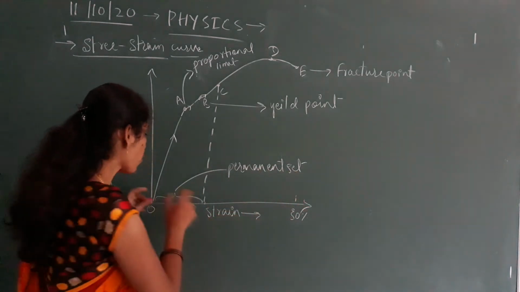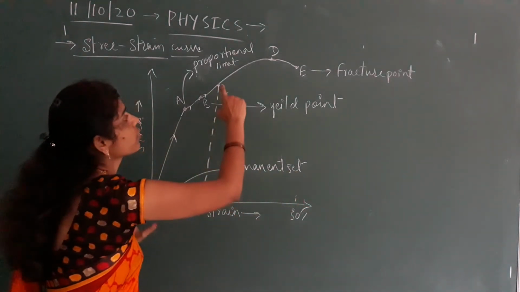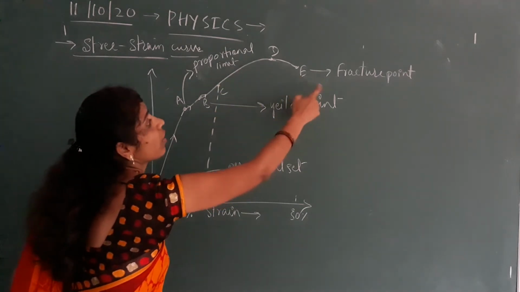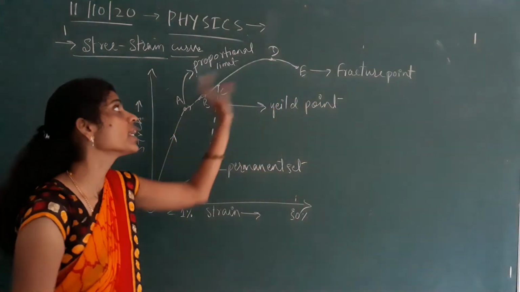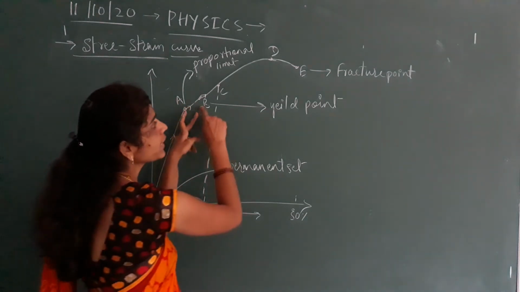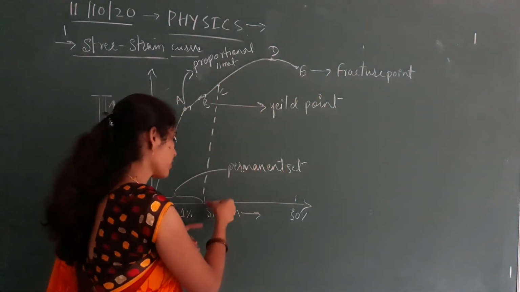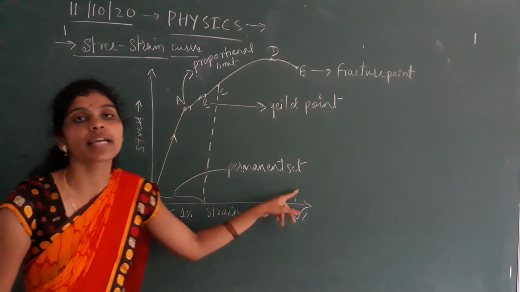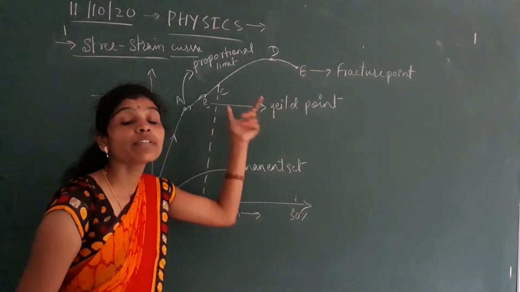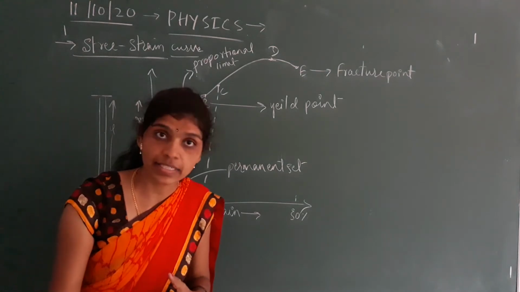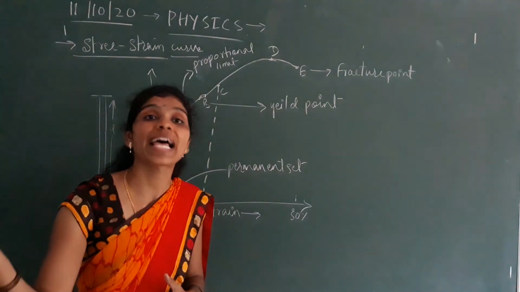Why do we call it that? In this region from B to E, at a certain point, we consider the point C to be the permanent set because the material loses its elastic property and it is converted into plasticity.